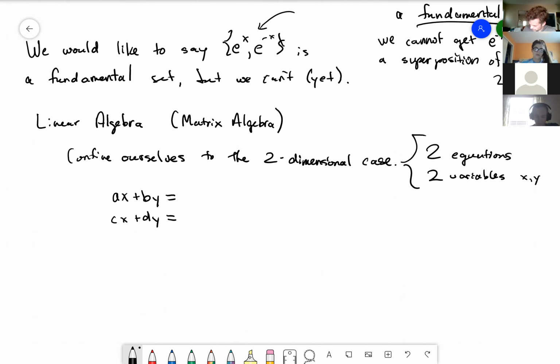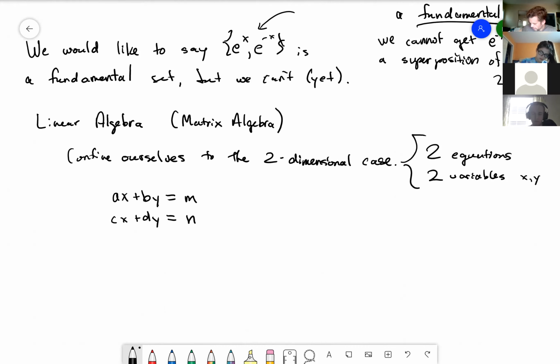We'll call these things m and n. Now we're doing this in full generality. So we're trying to figure out what values of x and y satisfy the first and the second equation simultaneously.